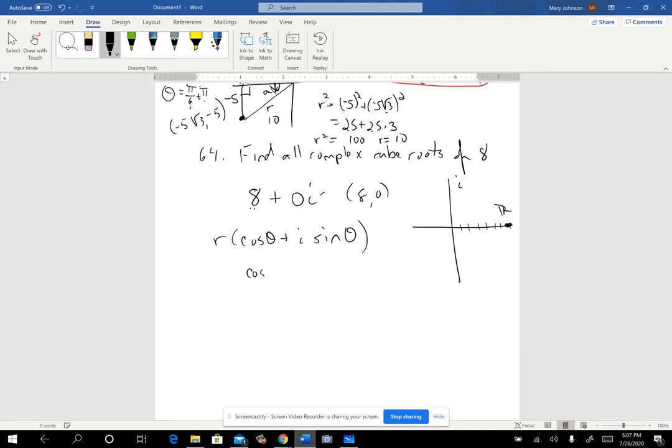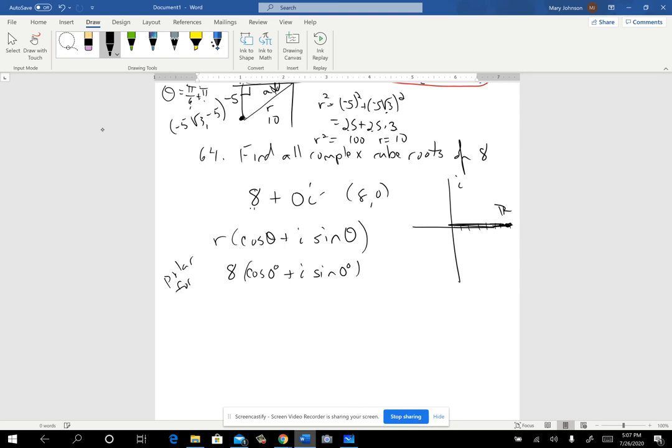So this is going to be cosine 0 degrees, and then sine of 0 degrees. And then can you see that the radius of that would be 8? Okay, so there it is written in polar form.